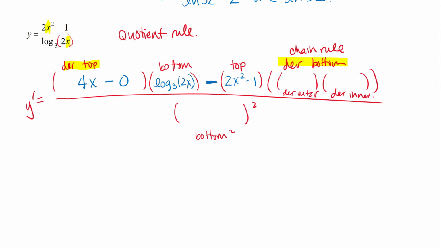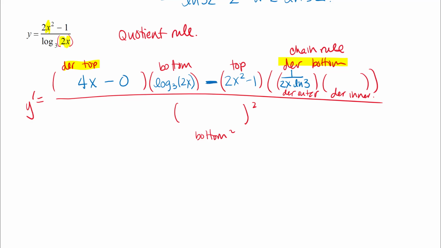And then here times the derivative of the bottom. So remember, derivative of log base a of x is 1 over x times ln of a, the ln of a on the denominator. So here we'll have 1 over, not just x, but 1 over 2x times ln of 3. That's the derivative of the log base 3 part of the denominator, and then times the derivative of the inner function.